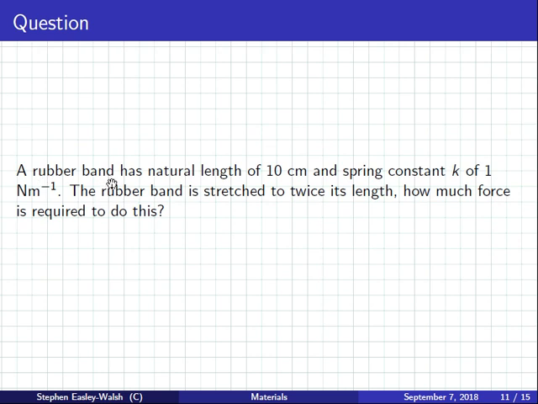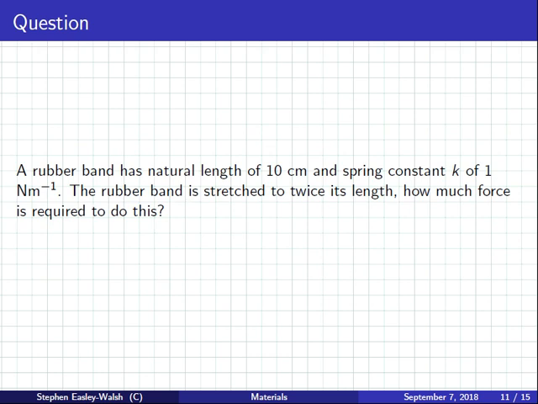Right. Here's a very simple question. A rubber band has a natural length of 10 centimeters and a K of 1 Newton per meter. And then you stretch it to twice its length. So you have a rubber band and you stretch it to twice its length, 20 centimeters now. My question is, what is the force? So use Hooke's law, tell me what the force is. 20?